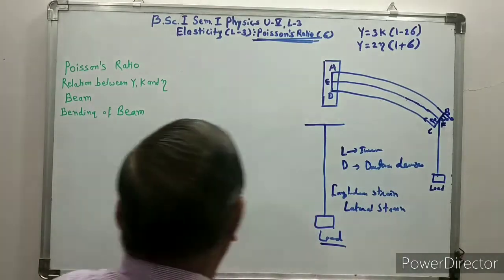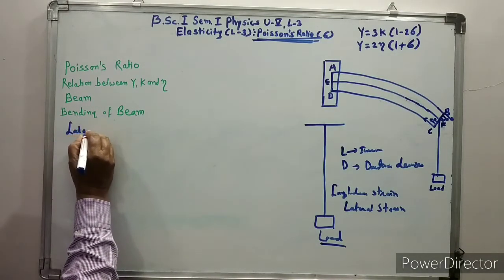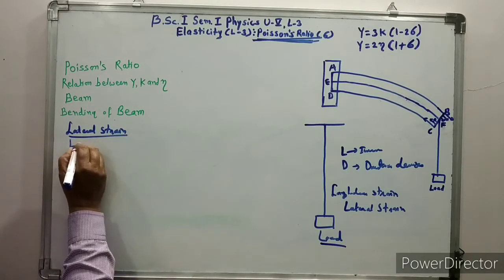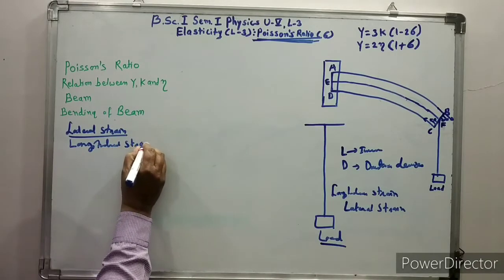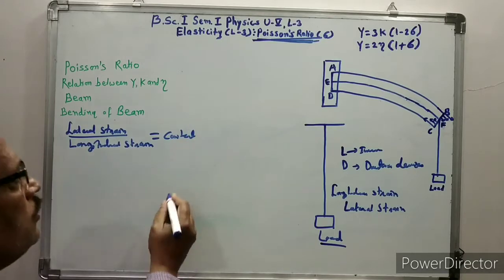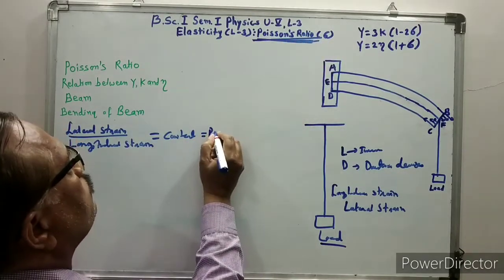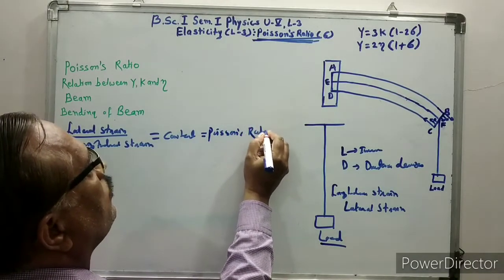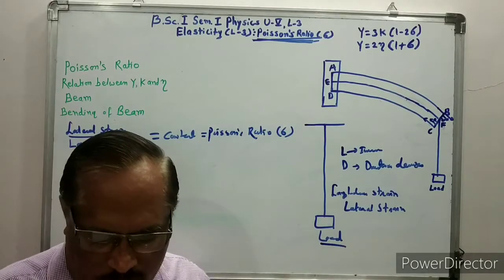And the ratio of lateral strain to longitudinal strain is constant, and this constant is called Poisson's ratio, which is denoted by sigma.